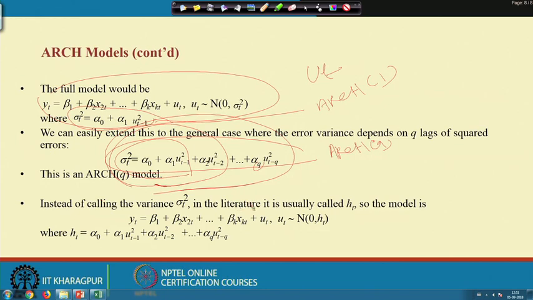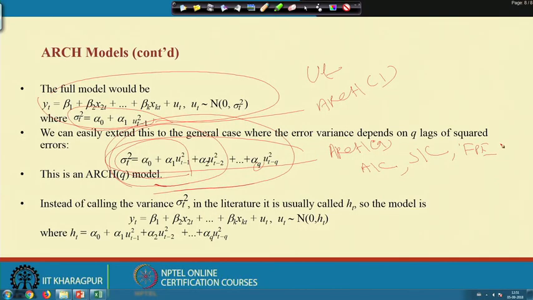Now, the question is what is the correct one. For that you can go again to the AIC statistic, SIC statistic, and final prediction error, something like that. Then you fix the lag length first. Since it is a time series model, and that too in lag modeling, fixing the optimum lag length is more important first.